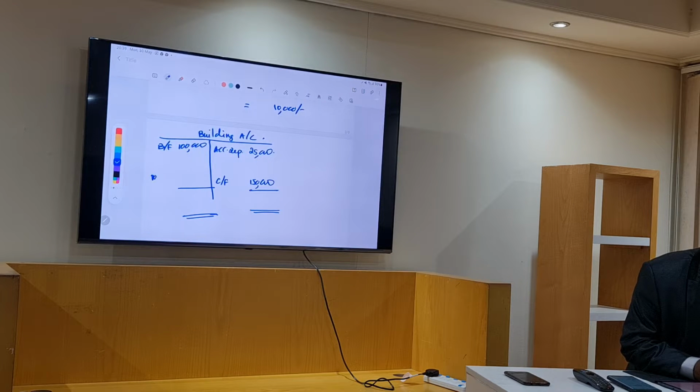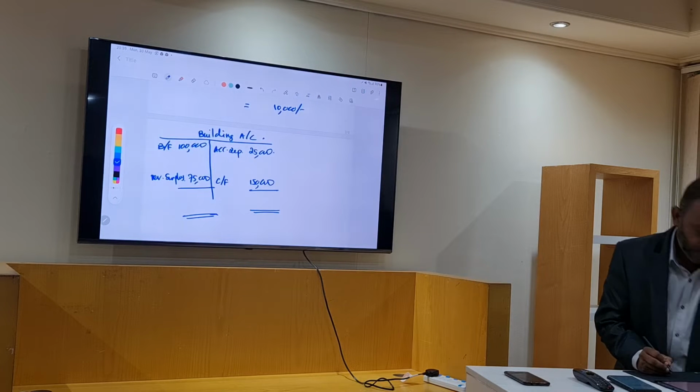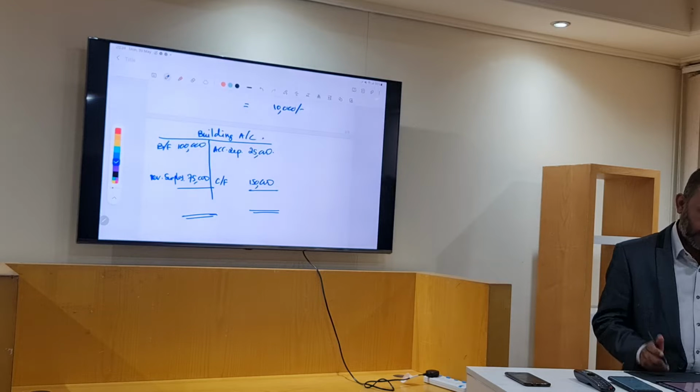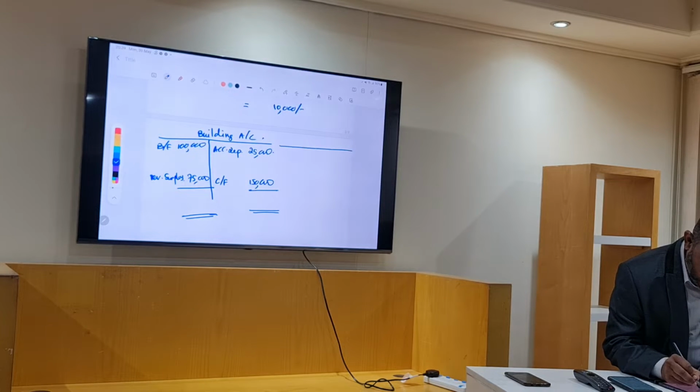So revaluation surplus 75,000. Then I also have accumulated depreciation. Brought forward amount 25,000. This 25,000 I transfer to the building account.